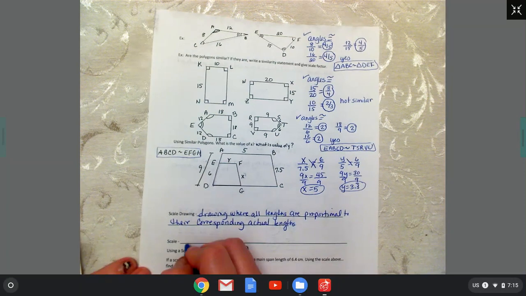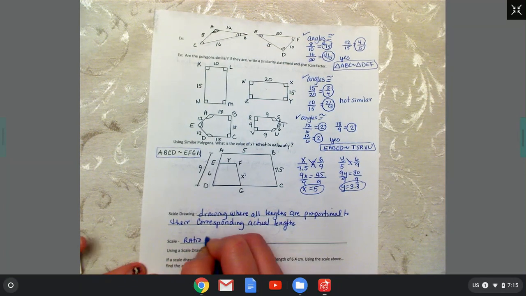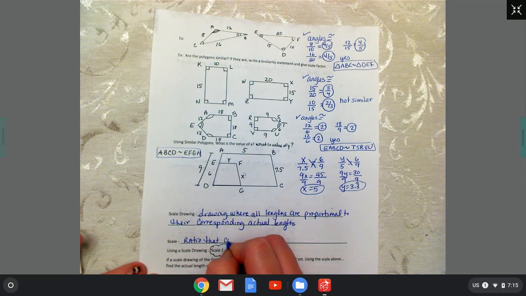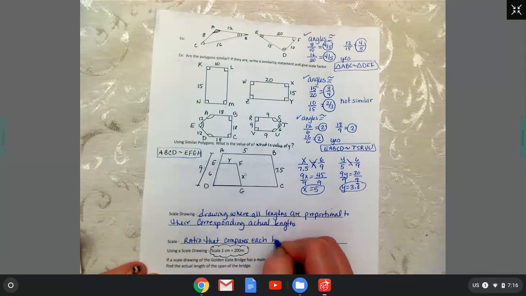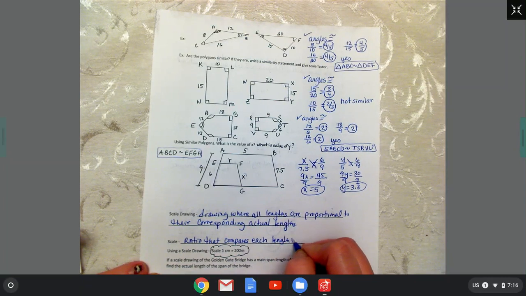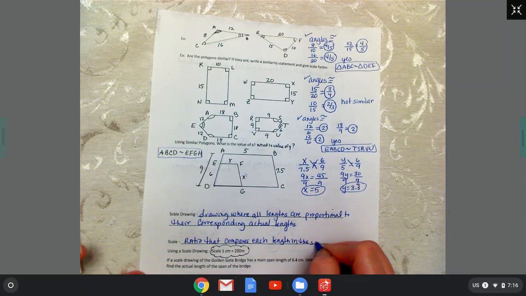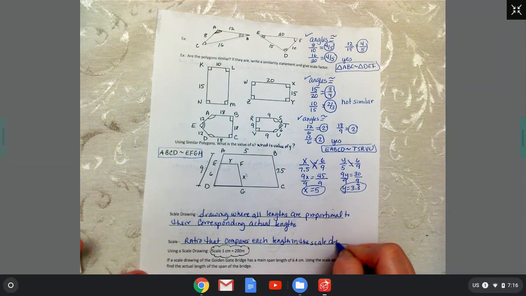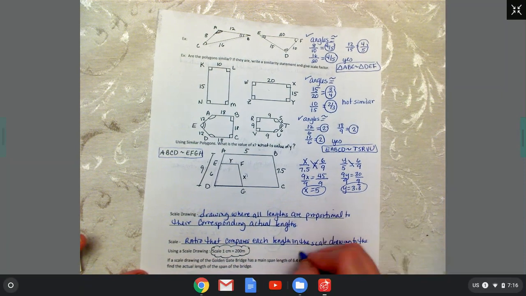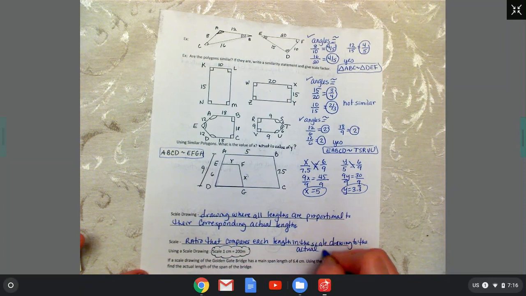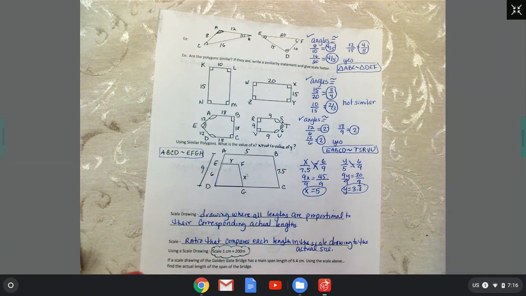And a scale is a ratio that compares each length in the scale drawing to the actual size. Can you see those on a map sometimes? They'll have a little scale like 1 centimeter equals so much, or 1 centimeter equals so many inches.